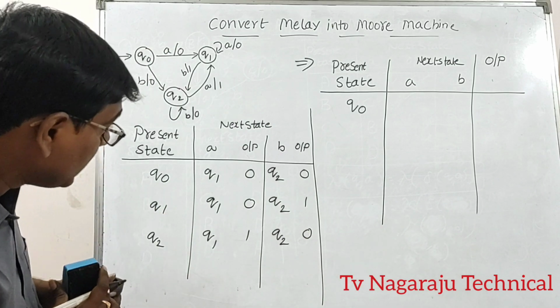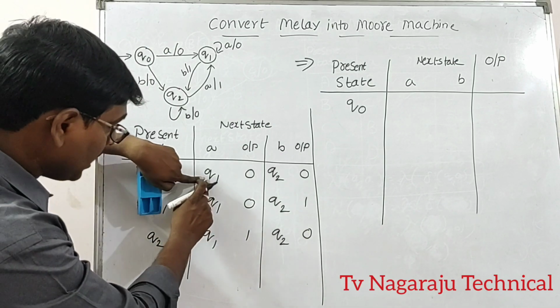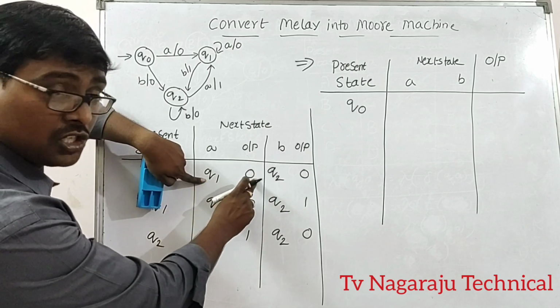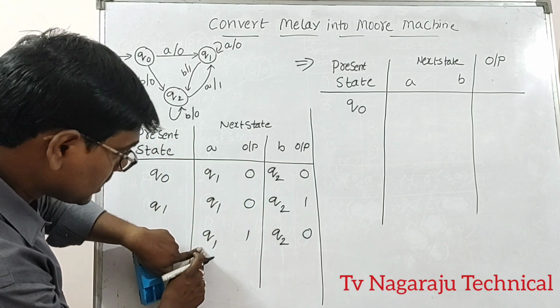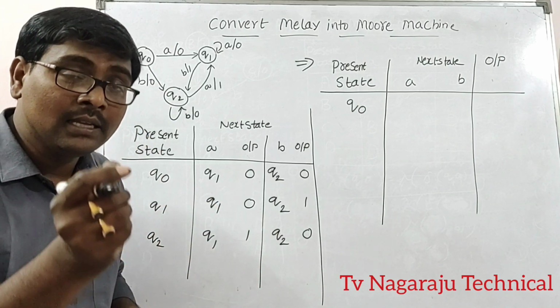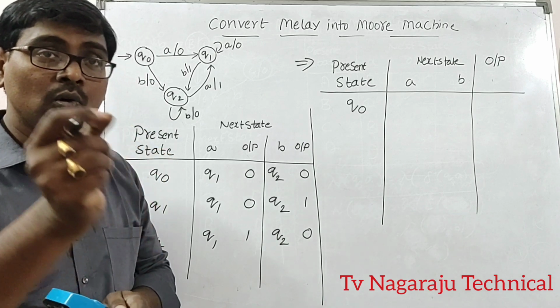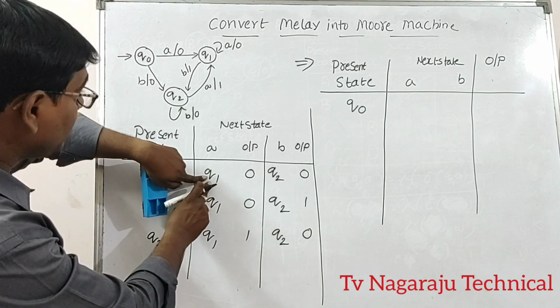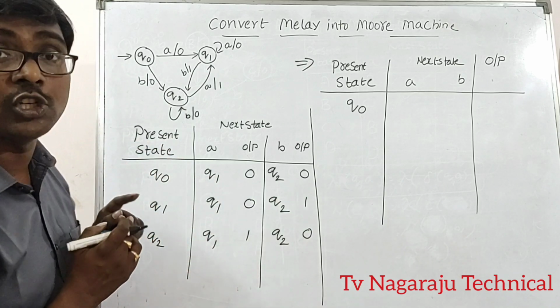Now consider the state Q1. Here Q1 is available, and the output is 0. Q1 is available again, and the output is 1. That means if a state has two outputs, then divide the state into multiple states.